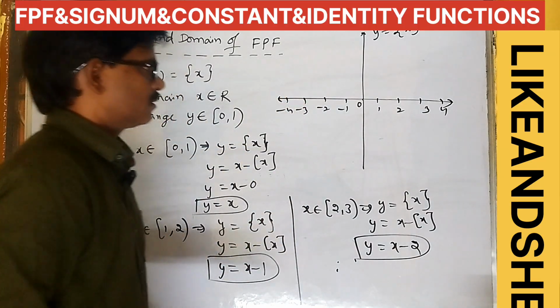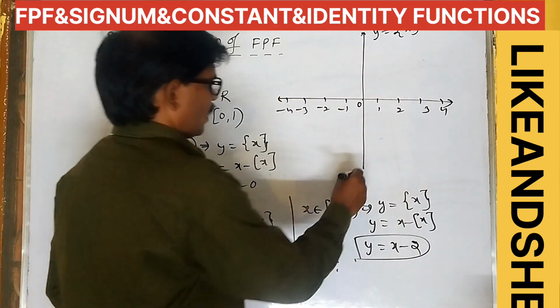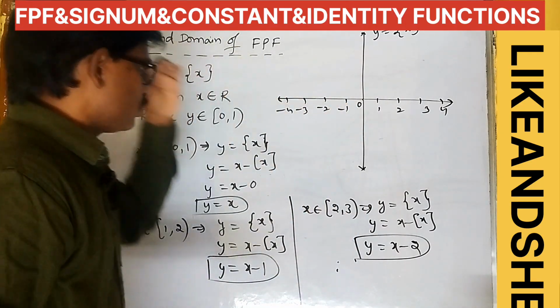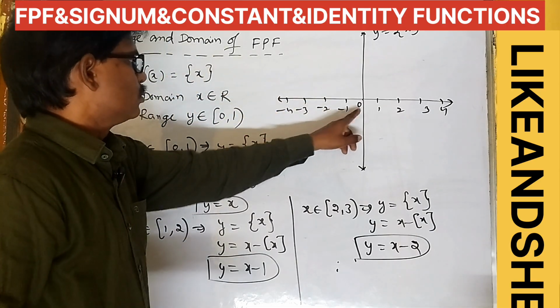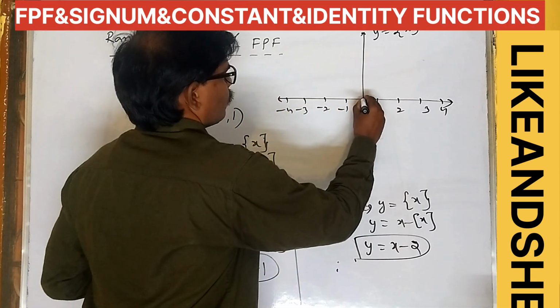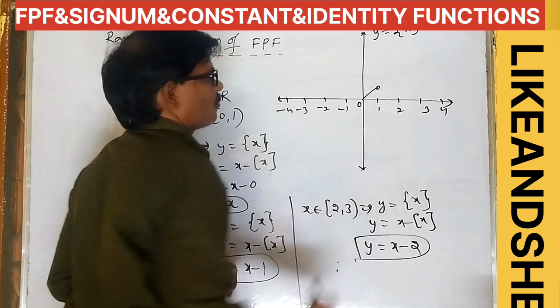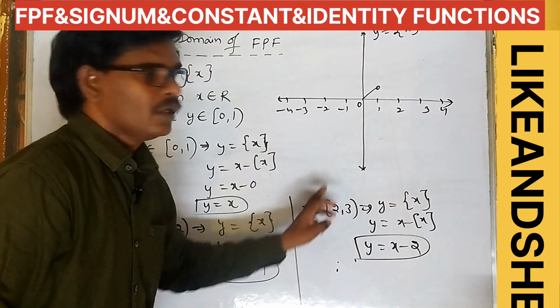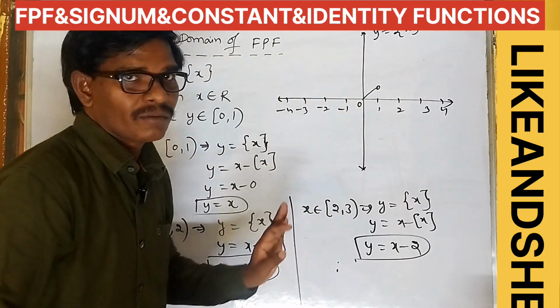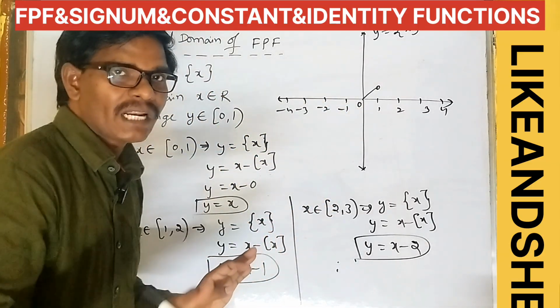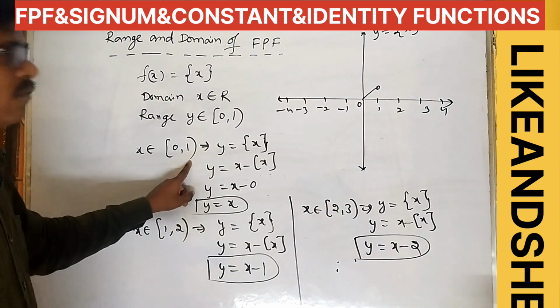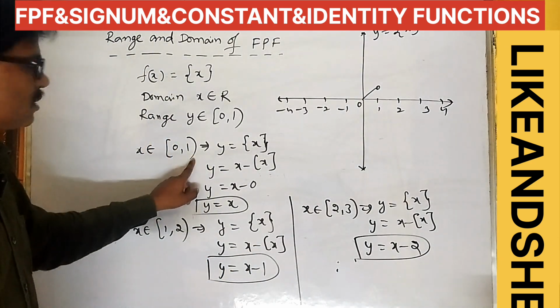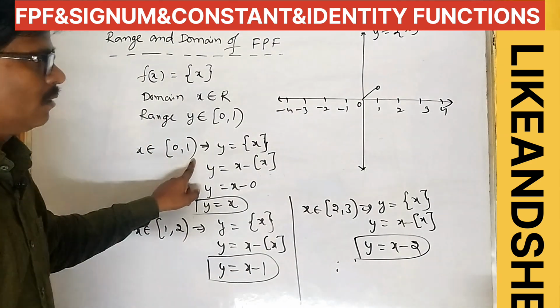This is the x-axis, and this is the y-axis. Starting at 0 to here, 1 is a hollow circle, not included. The fractional part lies between 0 and 1. This is the closed end and this is the open end.